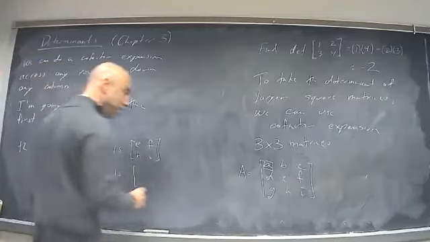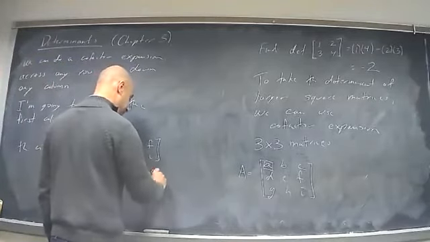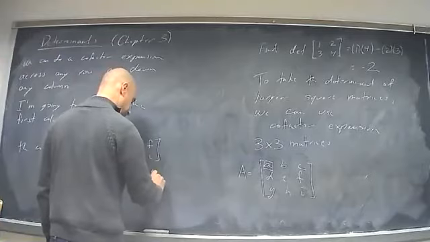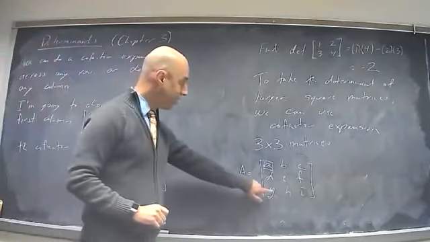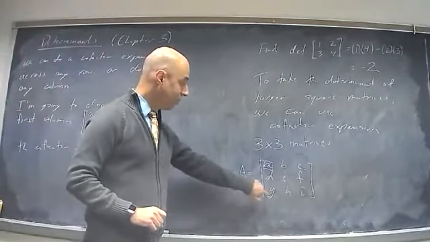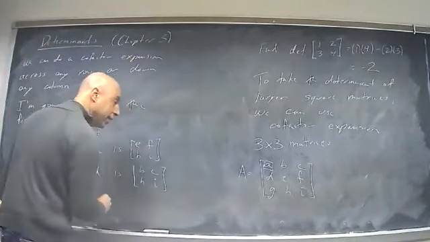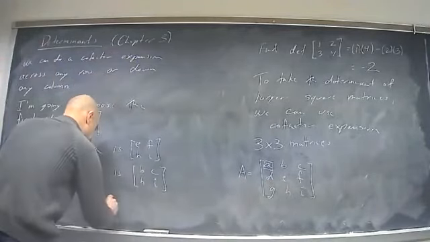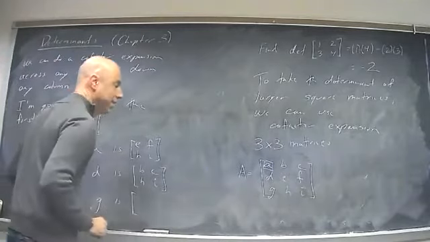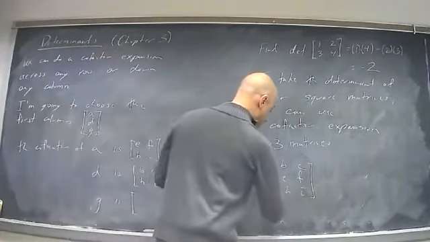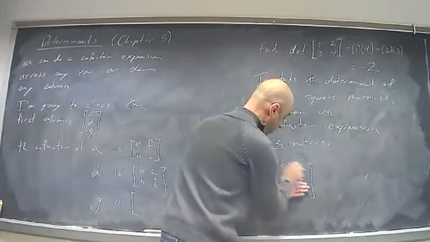So you should see b, c, h, i. And there's one more entry in the first column, and that's g. My g looks like a y. I don't know why. So the cofactor of g is cover up the row and the column that g is in. Oops. And you should see b, c, e, f.